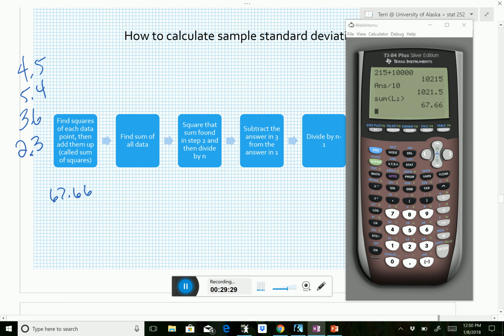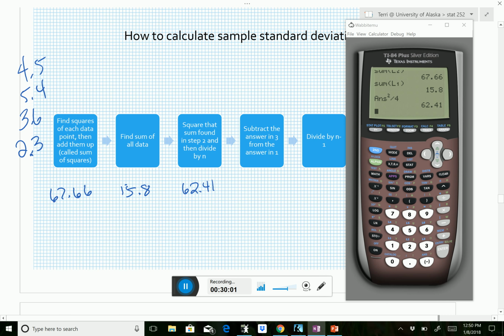67.66. Let's find the sum of the data. That's easy, right? Second stat, math, sum, list 1. That is 15.8. Step 3: square that sum found in step 2 and divide by n. So we need to square this, divided by 4. 62.41.